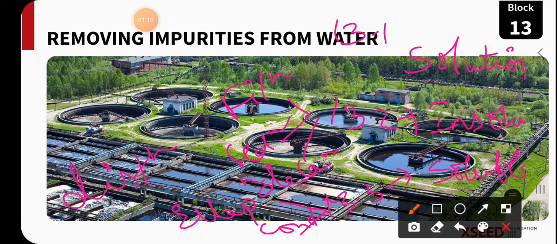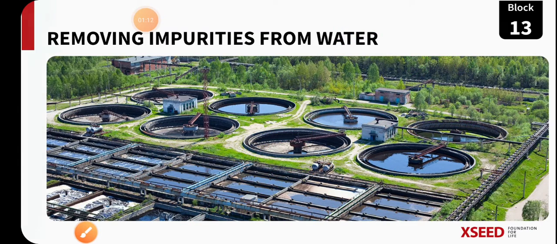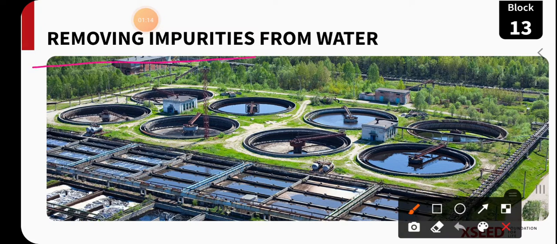So now in 13.4 we are going to learn about removing the impurities from water, because you know that water from the water bodies is collected and purified at different stages in the water purifying tank, and then it is sent to household uses.